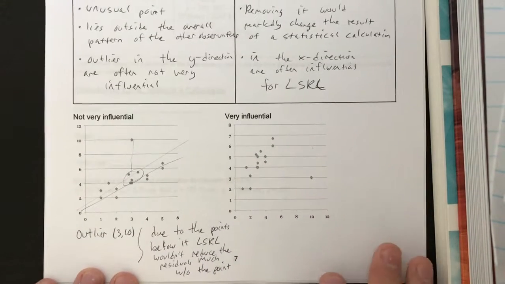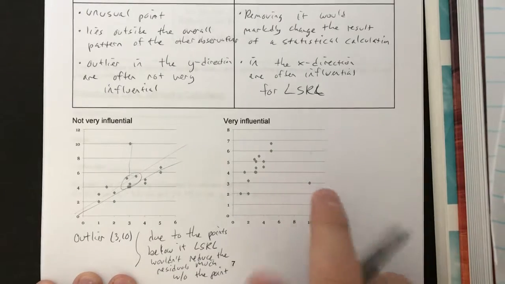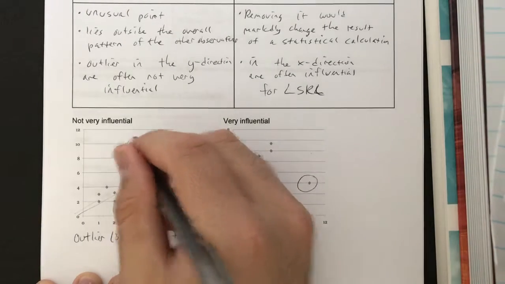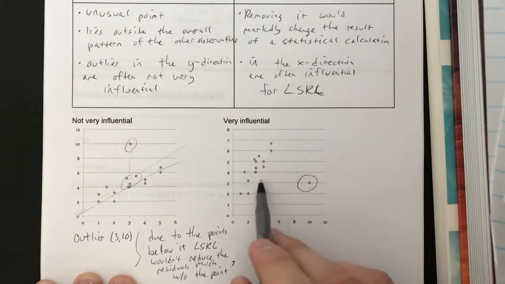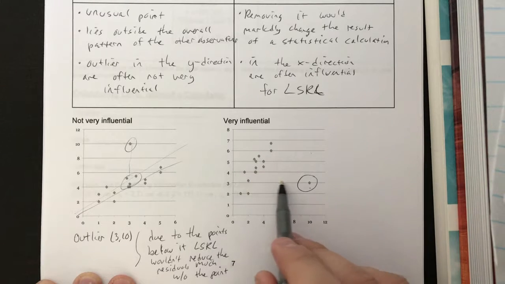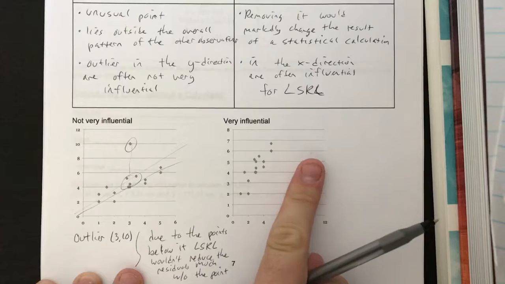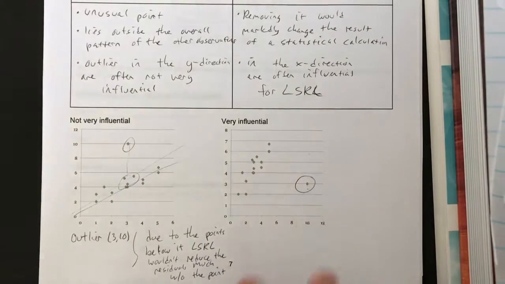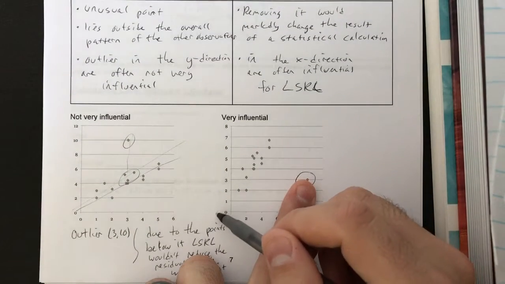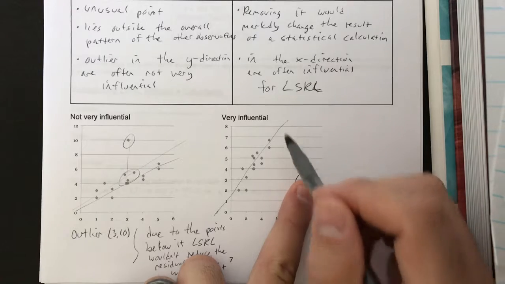Okay. This point, however, right here, is very influential. In the x direction, you'll see there's a big gap here. It's way outside the pattern. So if that weren't there, you might imagine the line would probably look something like that.